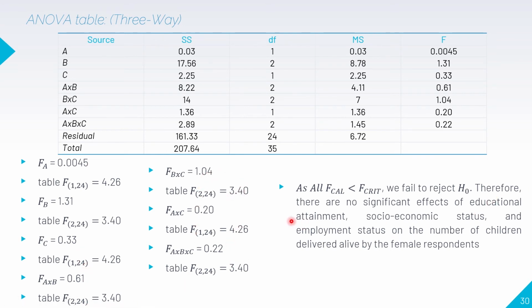Therefore, there are no significant effects of educational attainment, or A, socioeconomic status, or B, and employment status, or C, on the number of children delivered alive by the female respondents. So we have no significant effects between A to B and C, or A to C, B to C, and the A by B by C. There are no effects. So that's our three-way ANOVA.